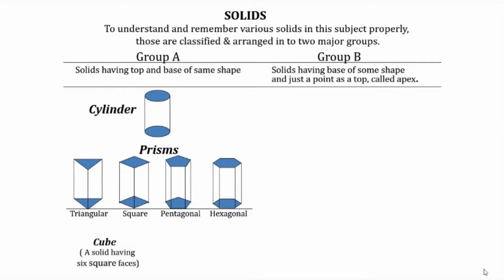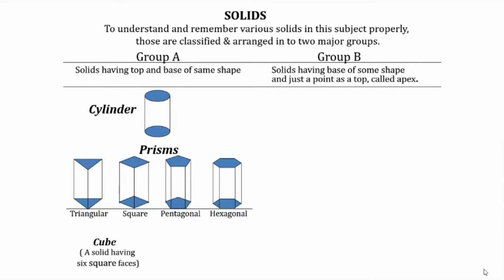A special case of a square prism is a cube. A cube is a square prism in which the height is equal to the side of the square, and all 6 faces are equal squares.